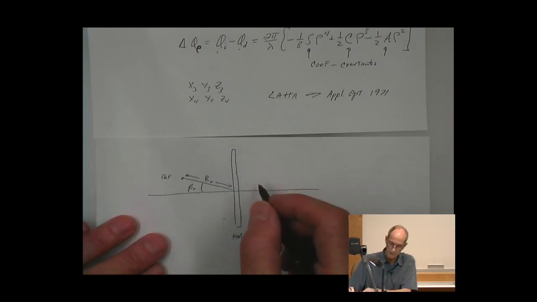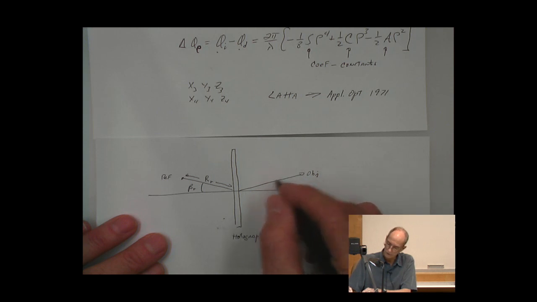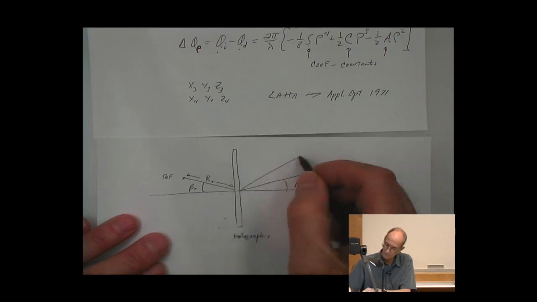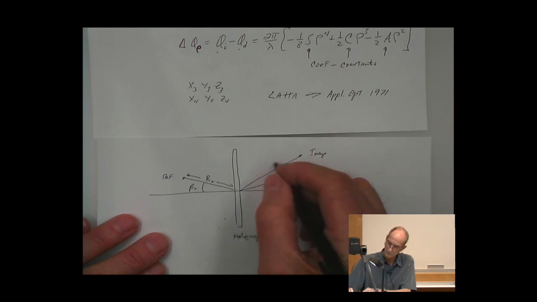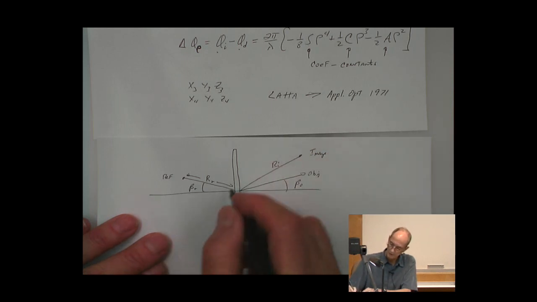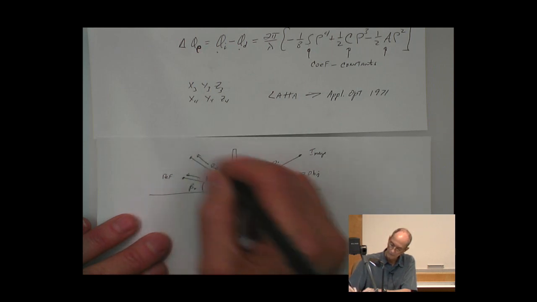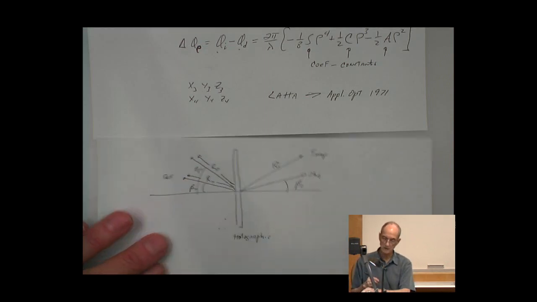Then you can have an object ray coming out. It also has a distance, depending upon where that object point is located, and a beta sub 0, and there could be an image now that's formed here. Here's r sub i, and r sub p, and a beta sub p.